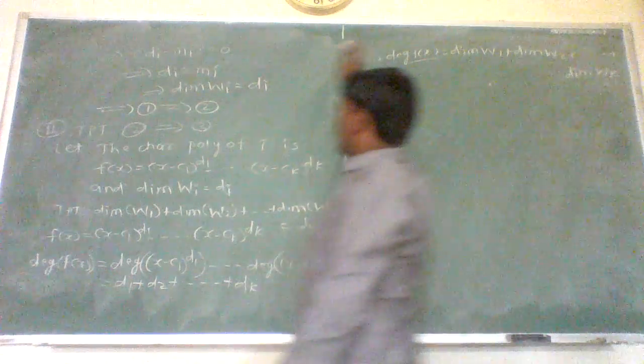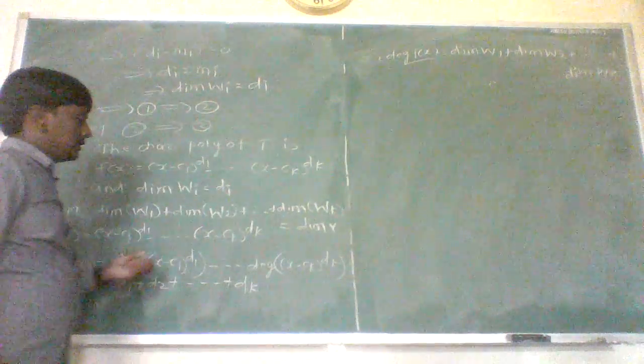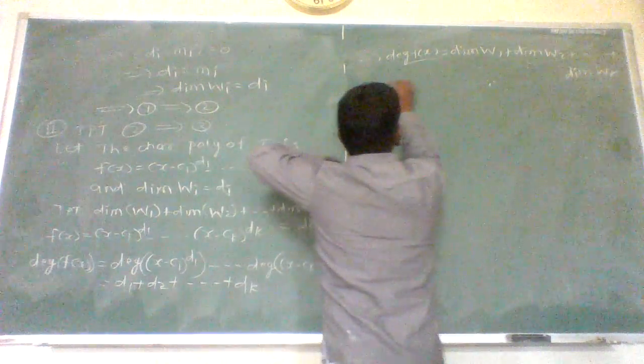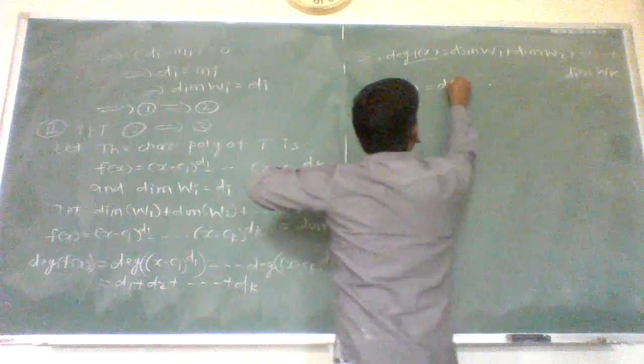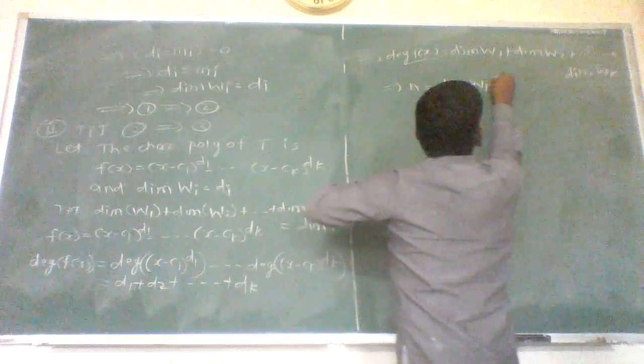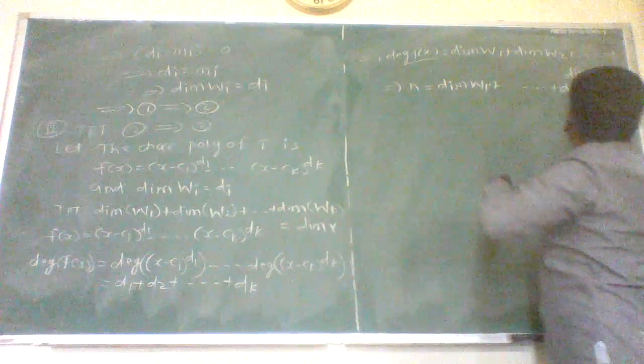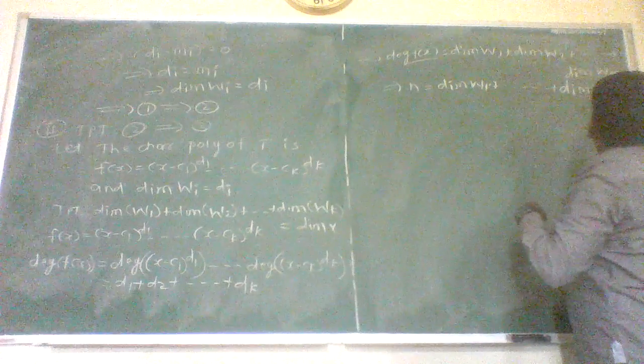But degree of polynomial f(x) is nothing but n, since d1 plus d2 plus up to so on dk is nothing but n. Since dimension of V will be equal to n, which implies n equals dimension of W1 plus dimension of W2 plus up to so on dimension of Wk.